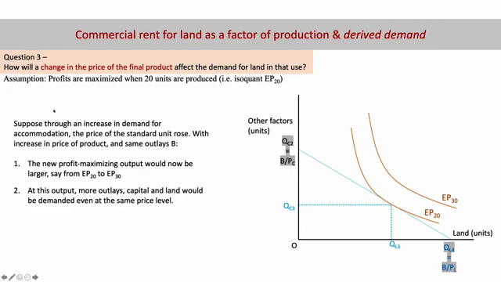Now suppose there is an increase in the demand for apartments and therefore the price of one standard unit increases. So with the same budget, what will happen is that a new profit maximizing output would now be generated, which will be larger than the original.